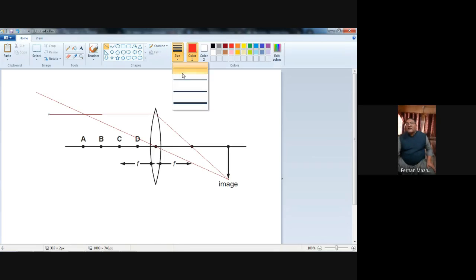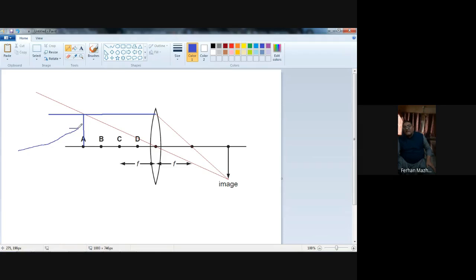The object, I think, will be here. This is the object, at position A.